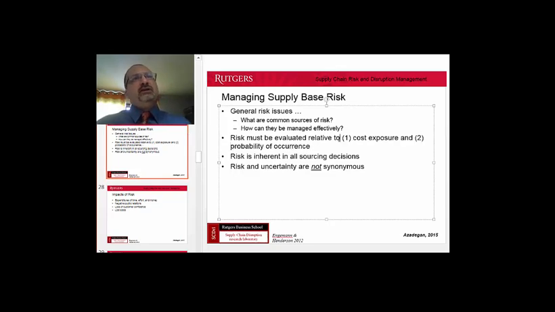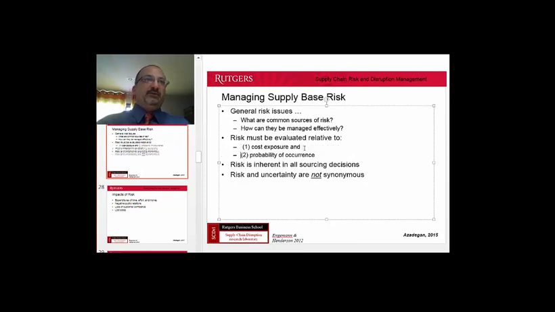The issue here is that this is easier said than done, and we're going to hear from experts throughout the course and as part of your case study analysis, and you're going to recognize that as much as the instructions on this are very simple, gathering the information to do so is not that easy. Furthermore, risk is inherent in all sourcing decisions.